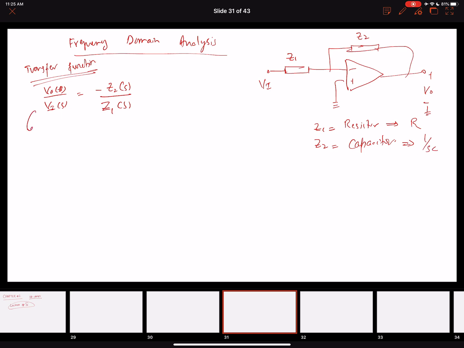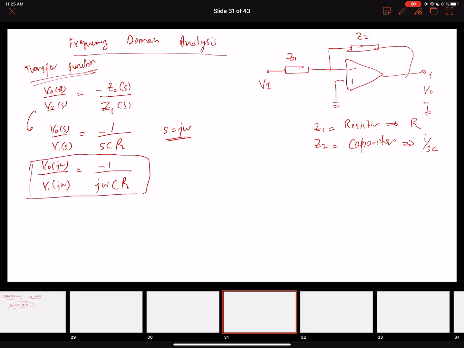If I replace this, I get V naught of S over Vi of S equals minus 1 over SCR. Now we know that S equals J omega, so I can also write it as V naught of J omega over Vi of J omega equals minus 1 over J omega CR. So this is the transfer function in the S domain and in the omega domain of this Miller integrator circuit.